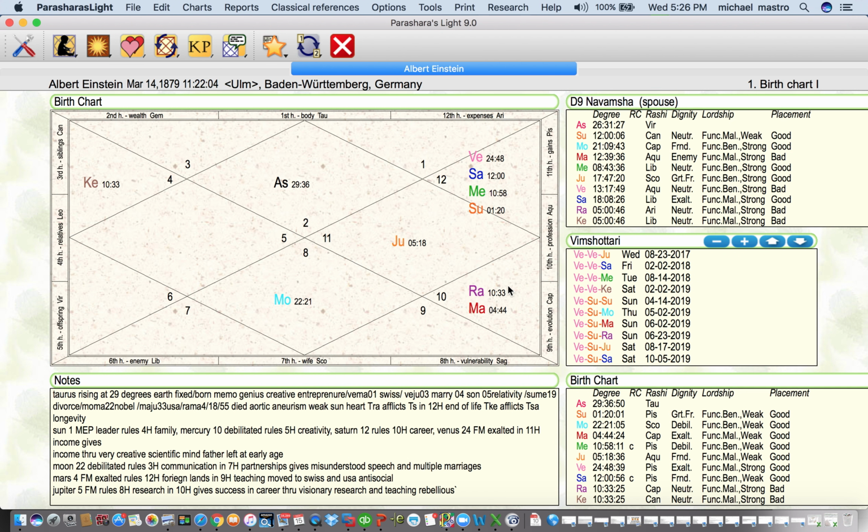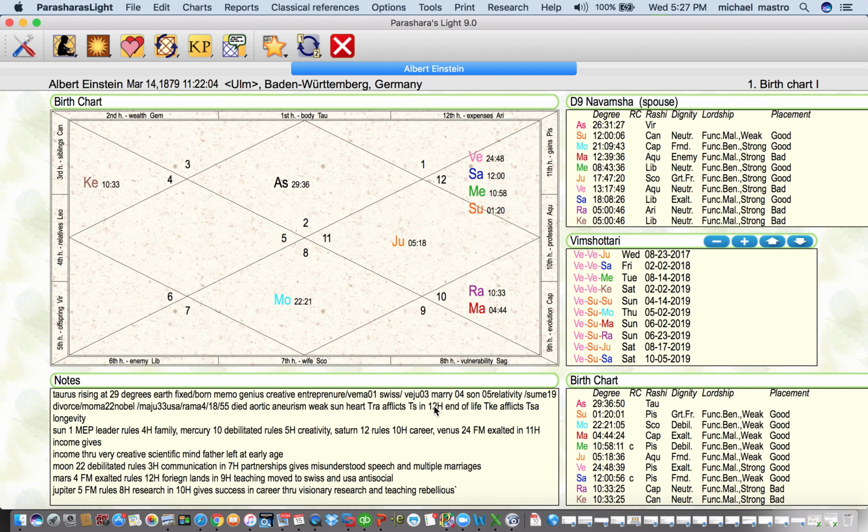So Mars is end of life. Rahu can cause catastrophes in someone's life. And if you actually look at his transit chart, transit Rahu was afflicting transit Sun at the exact degree. So Rahu afflicting the heart, basically.